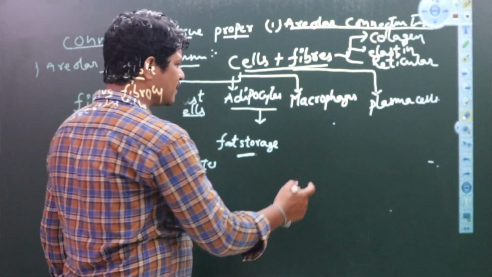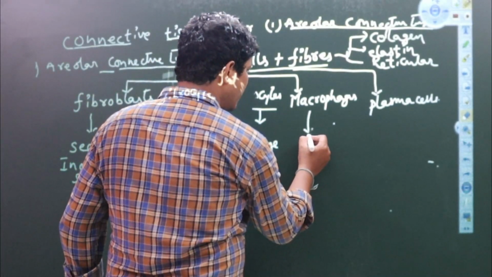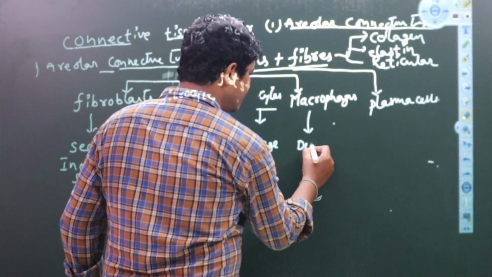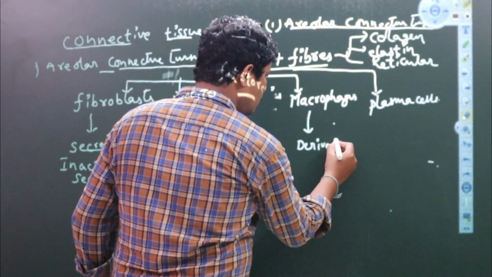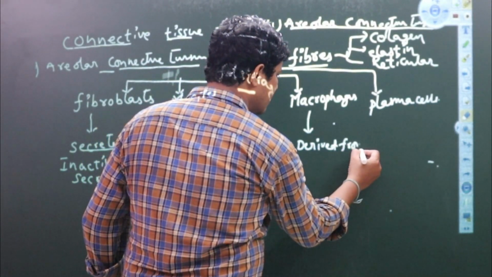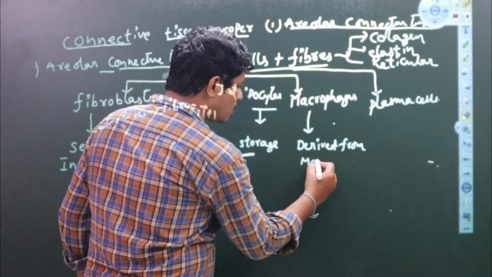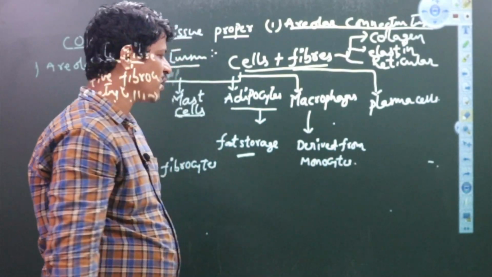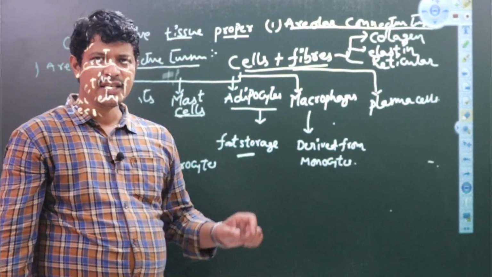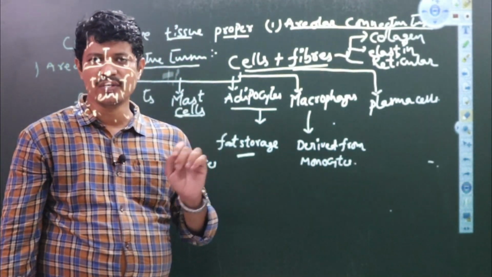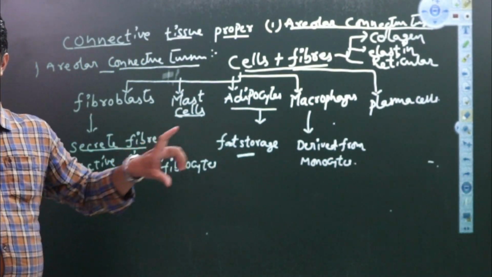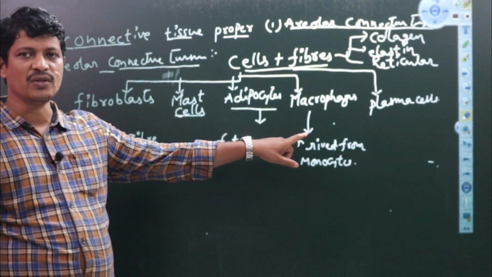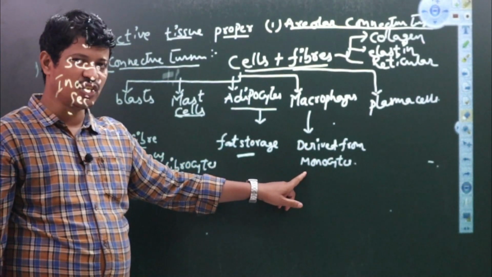Now macrophages. These macrophages are derived from monocytes of our white blood cells. Compared to all white blood cells, the monocytes are largest in size, and the nucleus of the monocytes is kidney shaped.